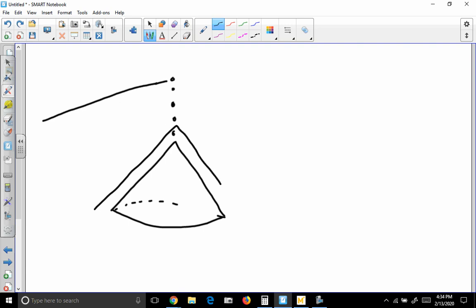It's going to maintain the same conical shape. It's just going to be getting bigger and bigger. They tell us that the rate at which sand is being added to it, so that's how fast the volume is changing, is 10 cubic feet per minute.